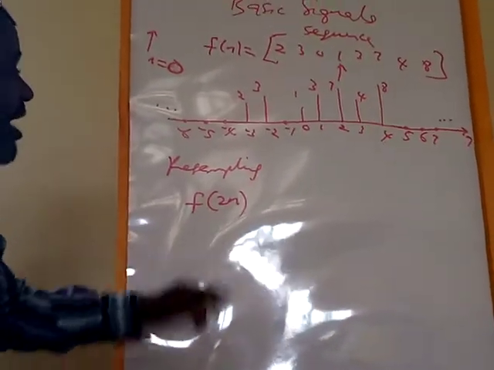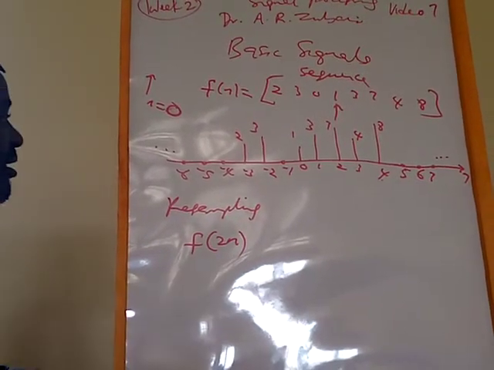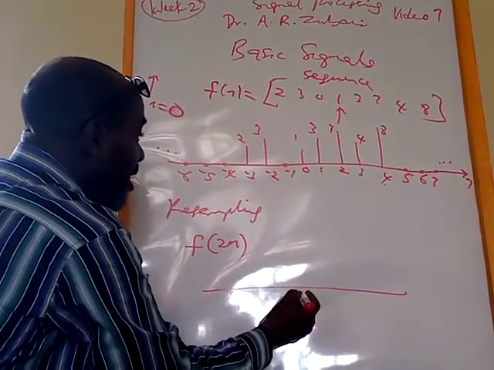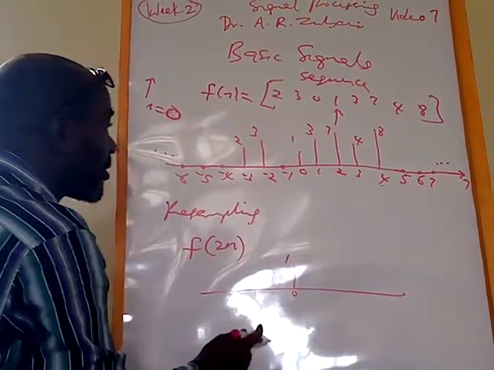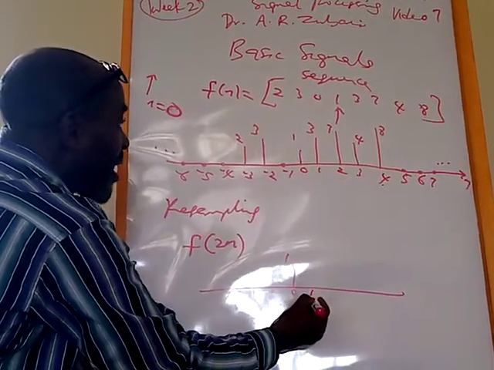What this means is that from 0, we are going to be skipping 1. For example, what sample is at 0? I have 1 at 0. I will skip 1, get to 2, but I will write it as 1 here.